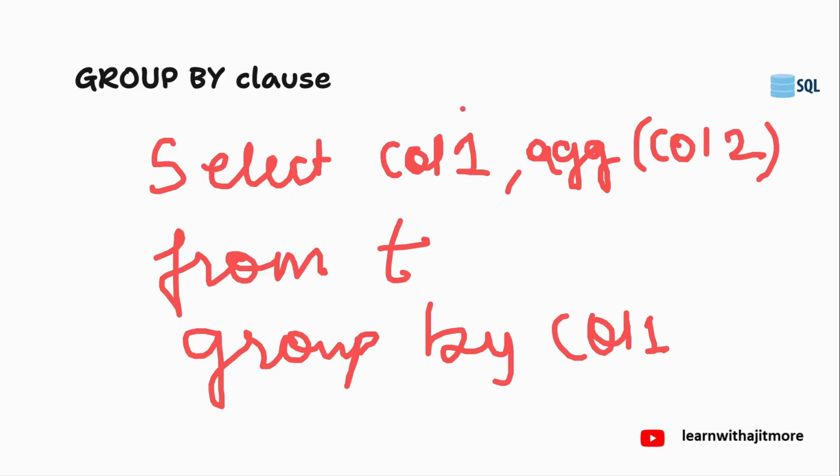Like example, city, department. Can there be many employees belonging to same department? Yes. So we will do grouping on, suppose column 1 is department, column 2 is salary. So column 1 basis grouping is done, department, all HR, one group, all sales, another group. So groups are created.